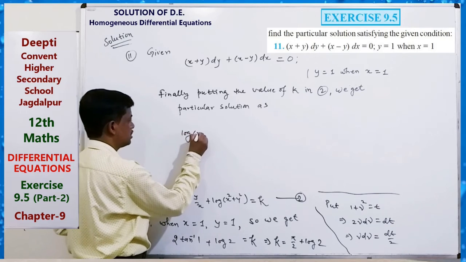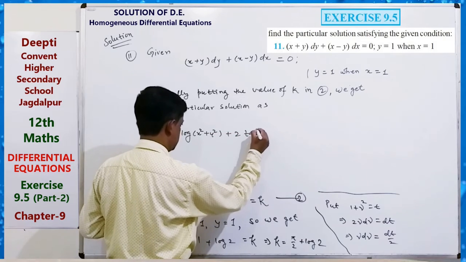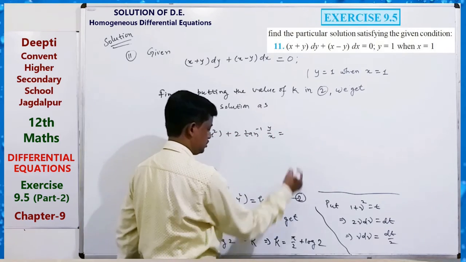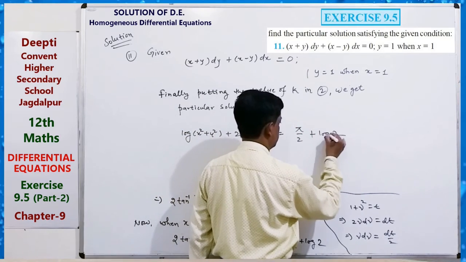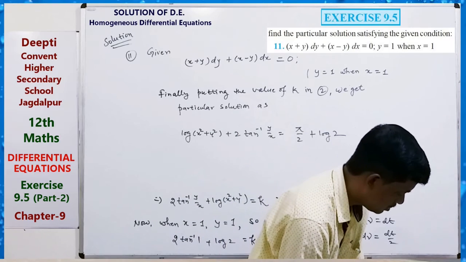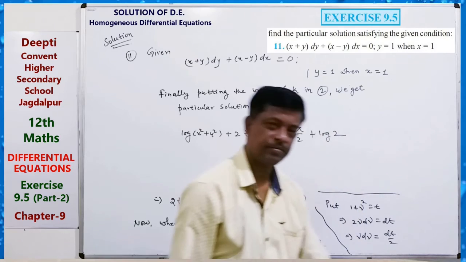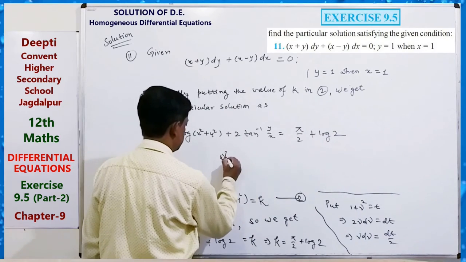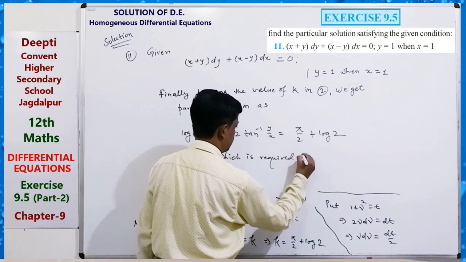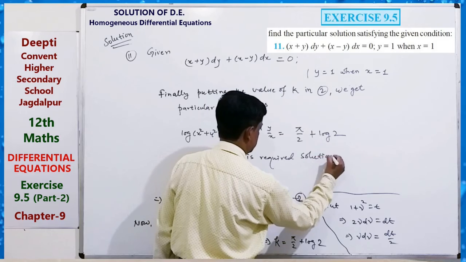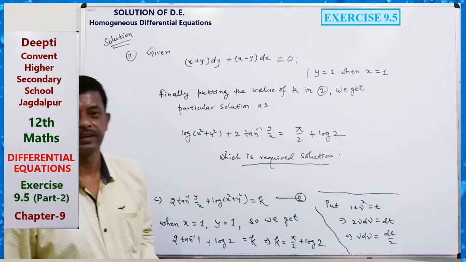We can write log x square plus y square plus 2 tan inverse y upon x equals to constant pi by 2 plus log of 2. Okay, so this is particular solution, which is the required solution. Clear? So this is the solution.